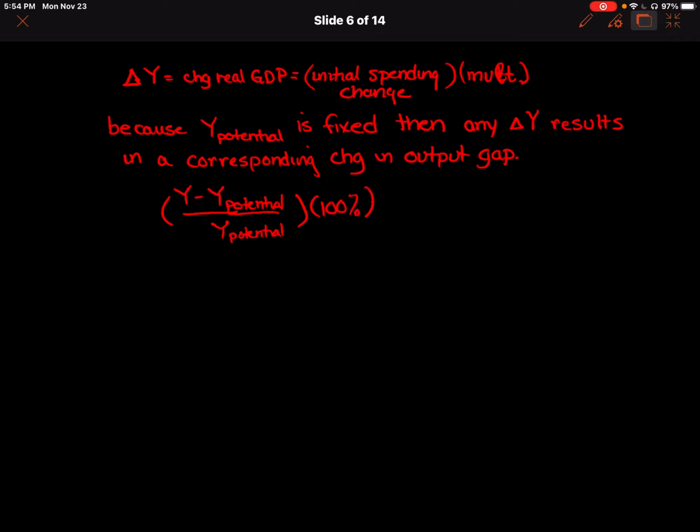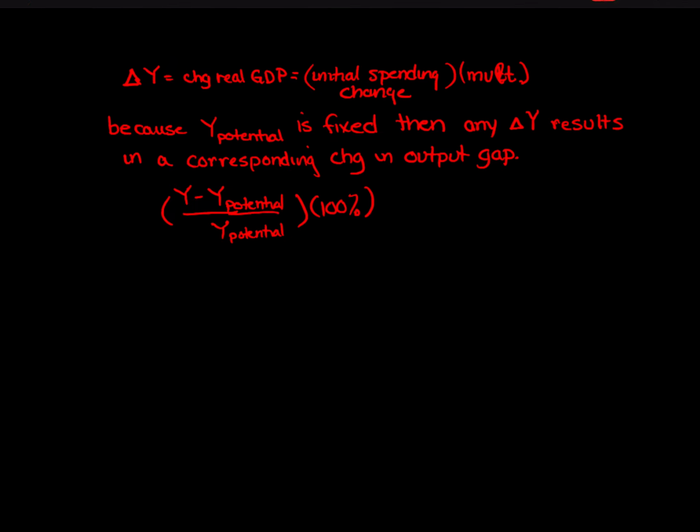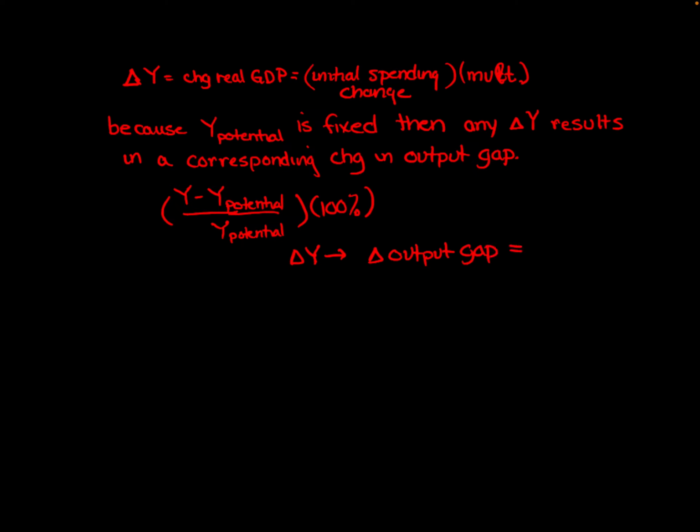So whatever the change in this output gap is going to be driven by, or the result of, the change in gross domestic product. So again, we have change in Y, change in output gap, and that's illustrated by, in this case, the shift in the IS curve.